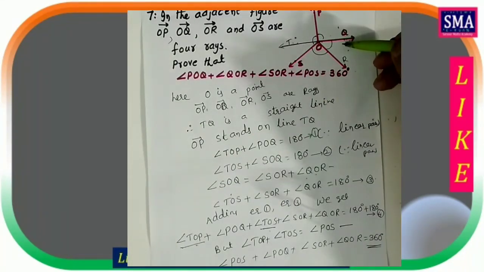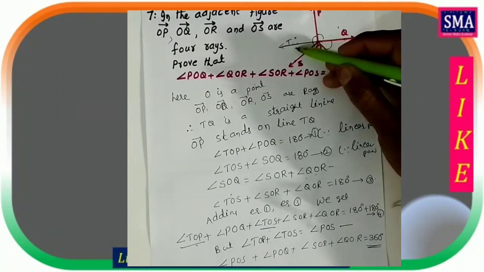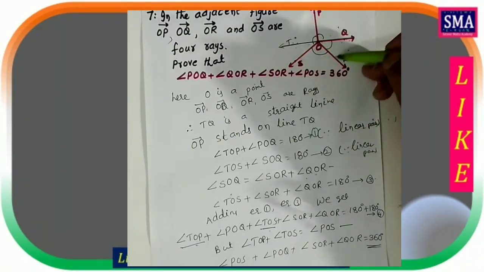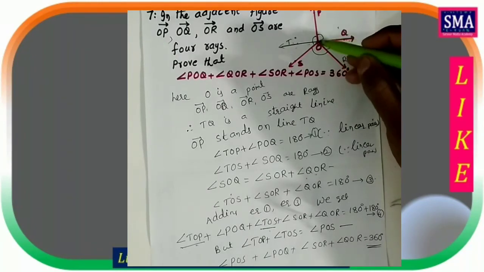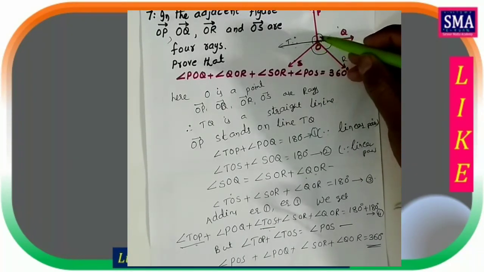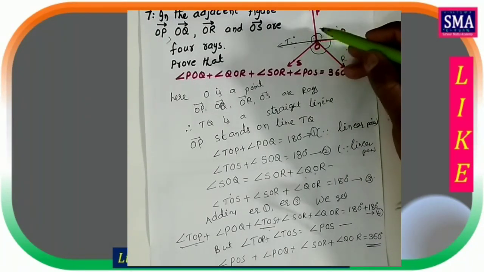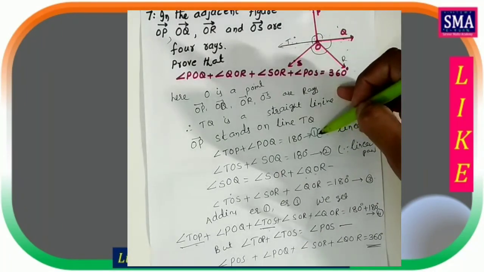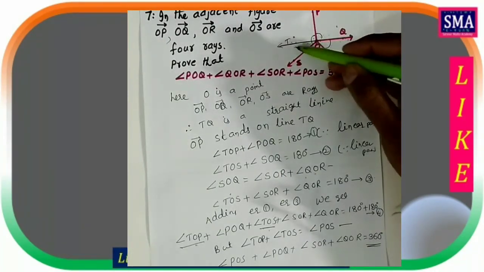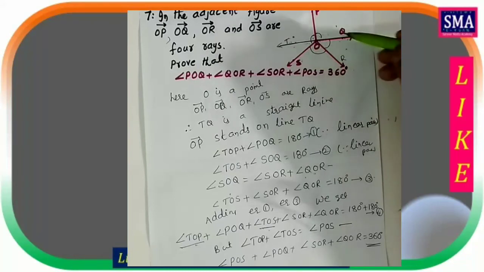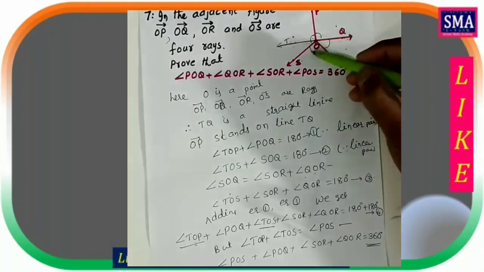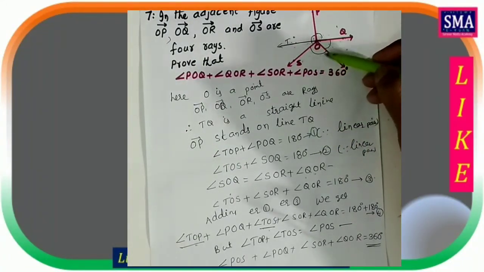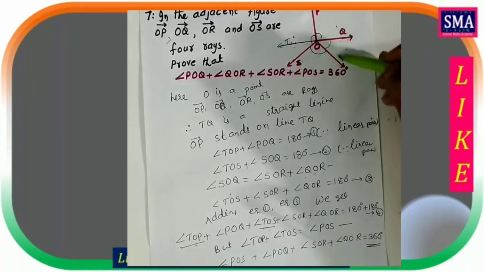Here, first of all, draw the given figure. OQ is extended in the opposite direction, OT. TQ is a straight line. OP stands on the straight line. Therefore, these two angles are a linear pair. So TOP plus POQ is equal to 180 degrees. And on this side also, TOS and SOQ is equal to 180 degrees. Here SOQ is equal to the sum of the other two angles, SOR plus QOR.